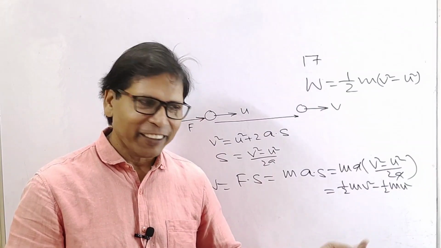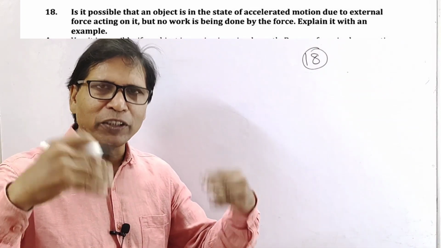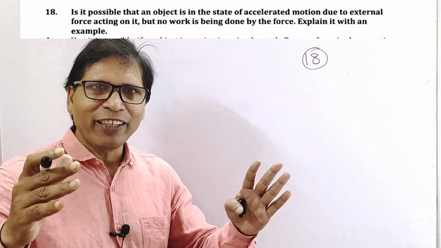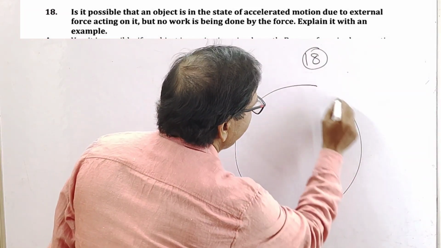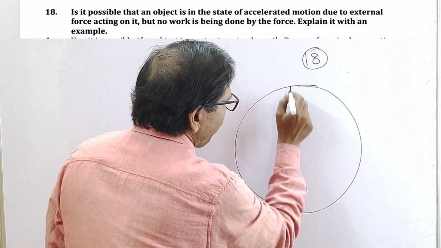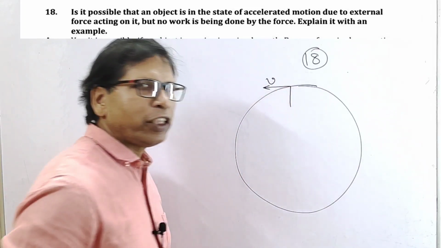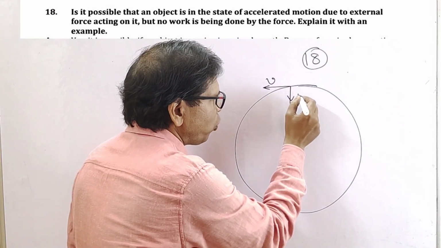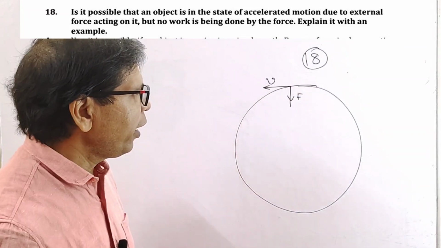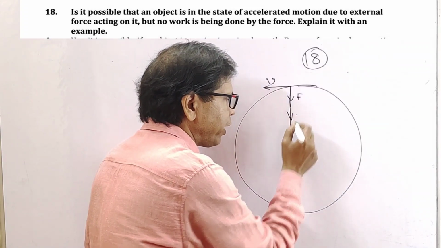Okay. Next, is it possible that a body has an accelerated motion but work done is 0? Yes, it is possible. When a body rotates in a circular path, at every point the velocity of the body is directed along the tangent, and acceleration is always normal to the direction of velocity, directed towards the center.